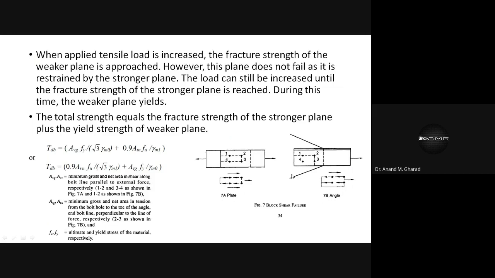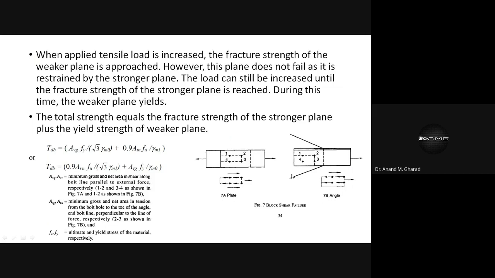But just try to understand, depending on the different modes of failures, we can now summarize. What it says is that when applied tensile load is increased, the fracture strength of the weaker plane is approached. However, this plane does not fail as it is restrained by the stronger plane.